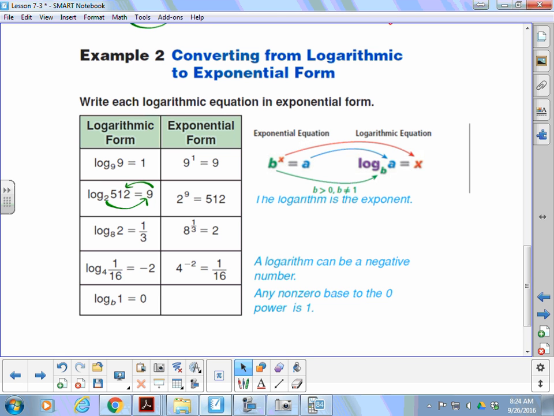So anytime you have a negative exponent, working with exponentials or with logarithms, one of the other two things has to be a fraction, or a decimal less than 1, but usually just a fraction. Because 4 squared is 16, so 4 to the negative second power would be 1/16. Okay? And the last one, b to the power of 0 equals 1.